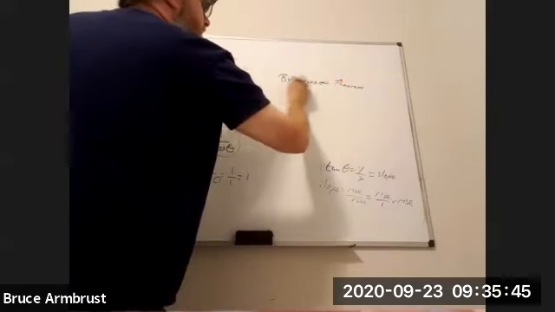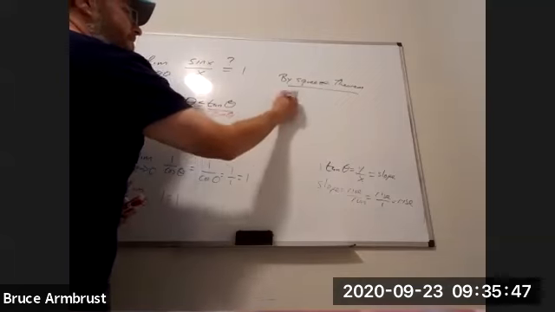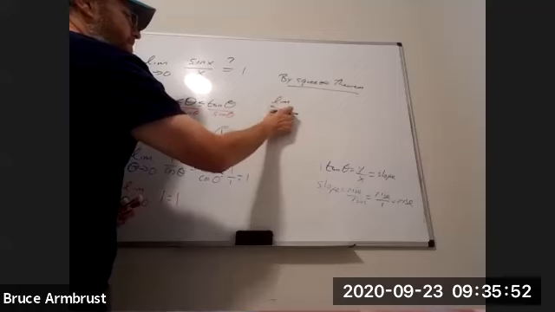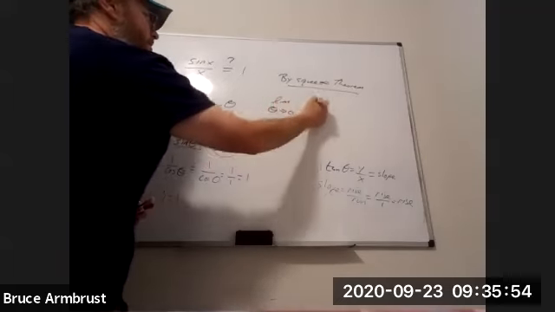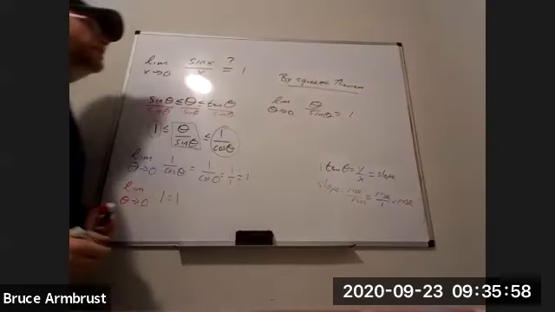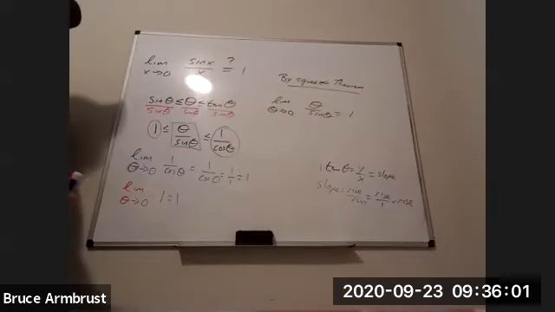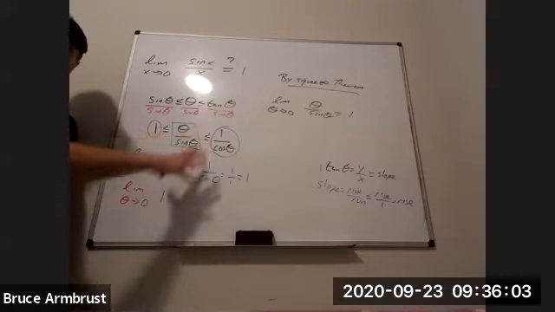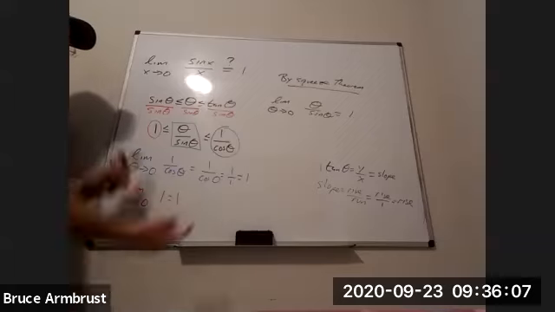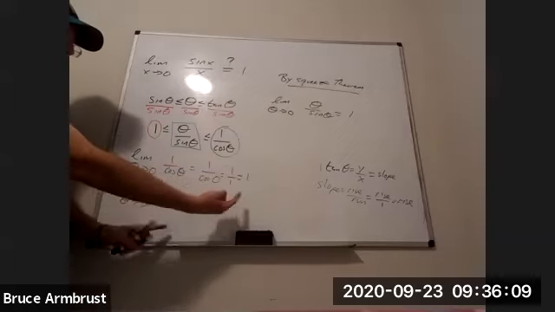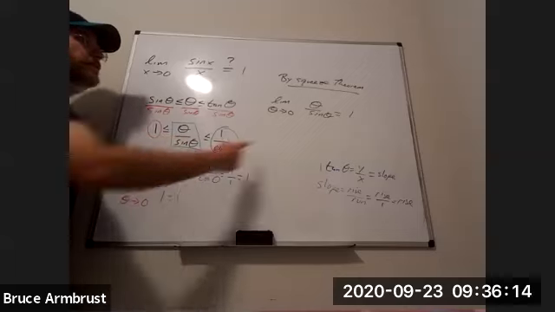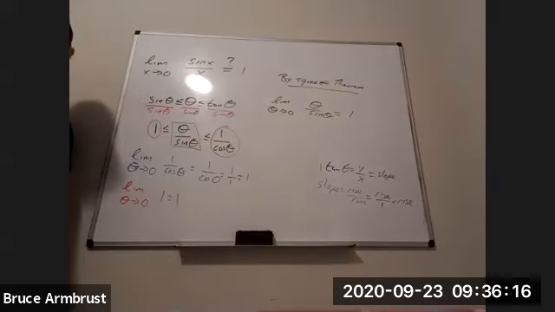By the squeeze theorem, then, we know that the limit as theta approaches 0 of theta over sine theta is equal to 1. Okay, that's what this work just showed us. The two outside functions both go to the same limit. Therefore, that inside function has to go to the same limit.